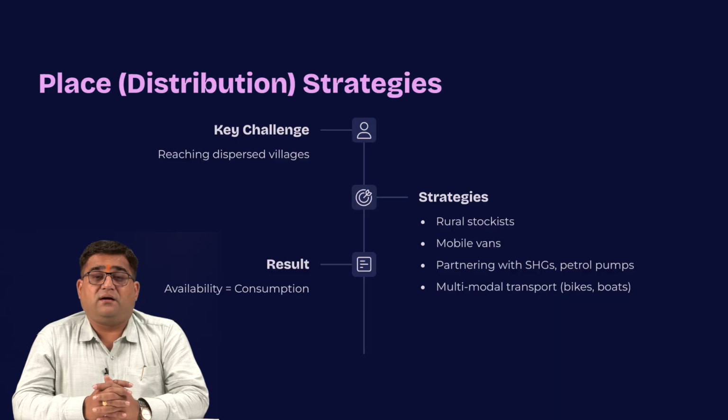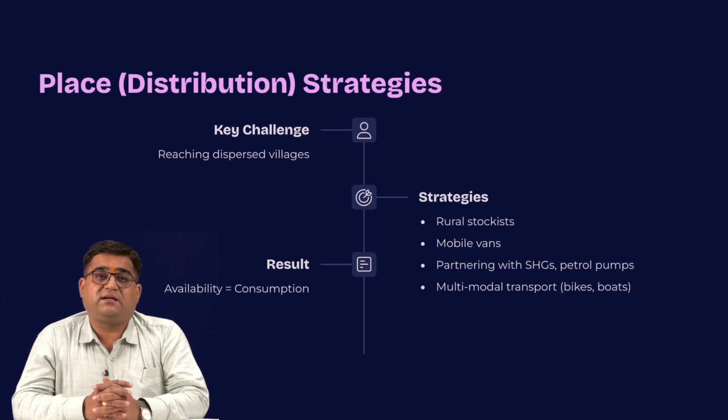Perhaps the most significant challenge and often the key determinant of success in rural marketing is place or distribution. This involves making the product available and accessible across thousands of geographically dispersed villages. Companies need to innovate and build resilient channels to reach the last mile.